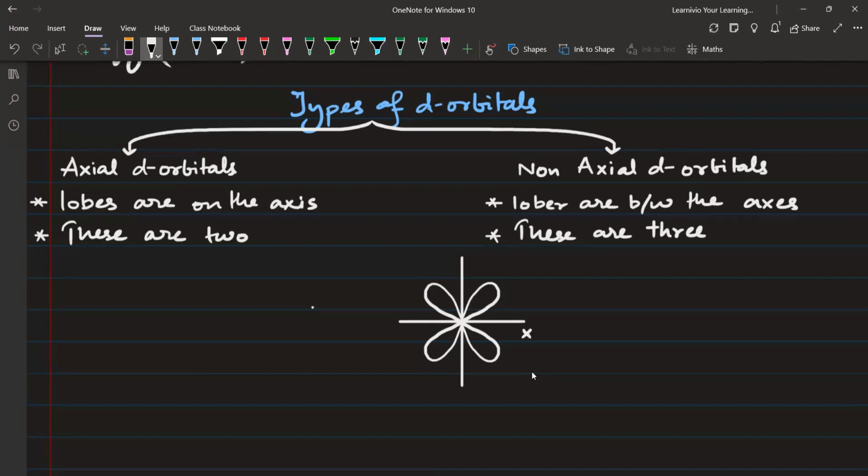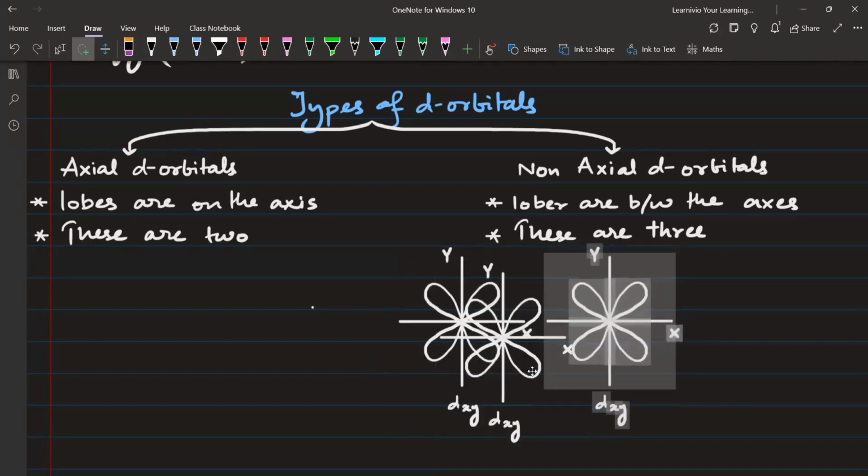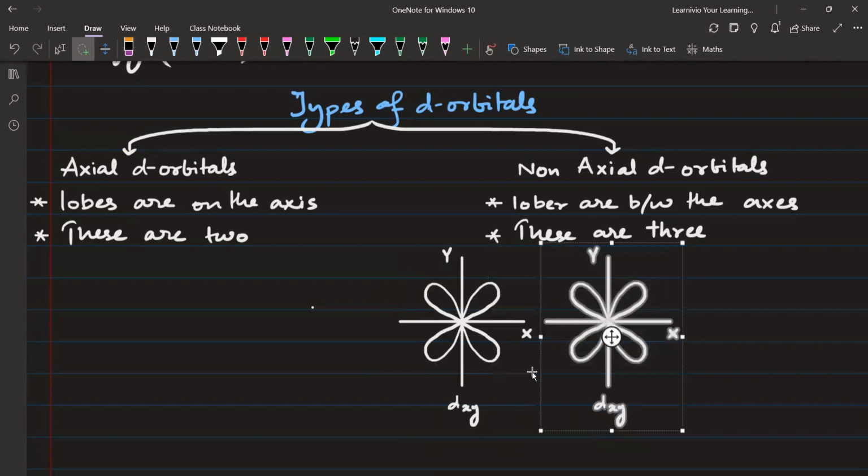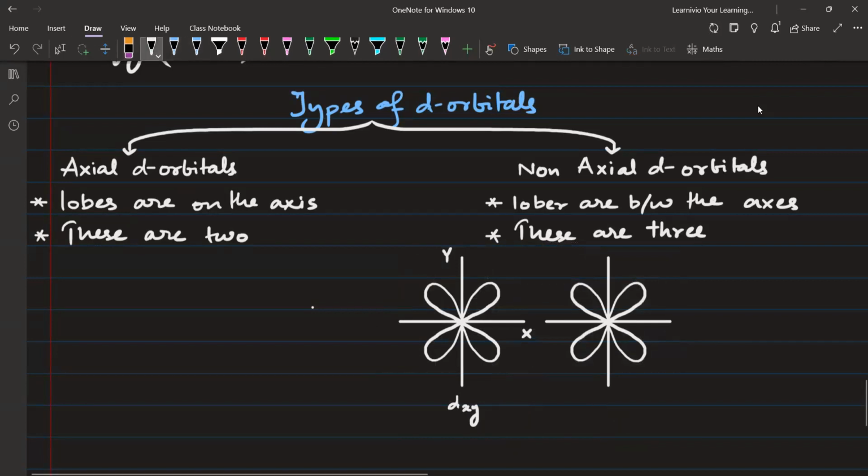This is the x axis, this is the y axis, and this is known as dxy. Yes sir, I remember now. Who remembers? Mariam? What about Anna and Harsha?